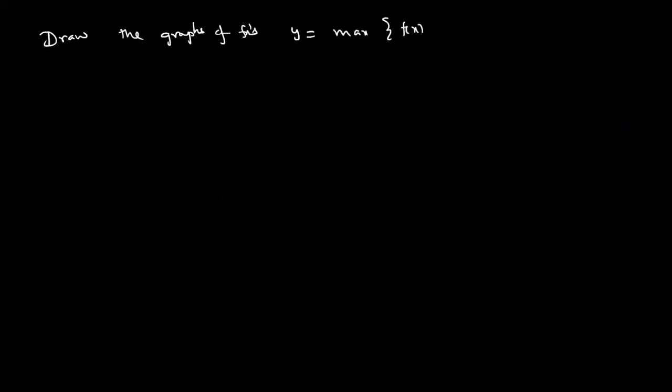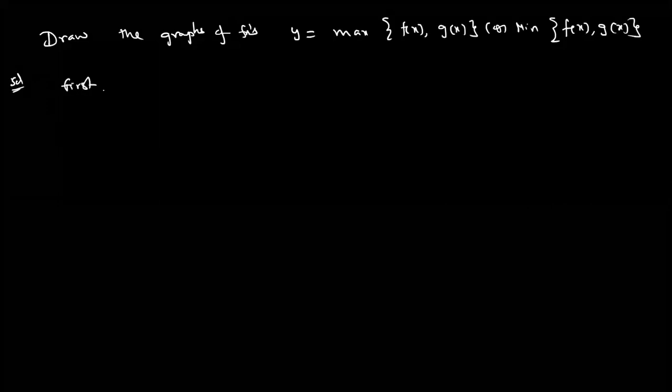Draw the graphs of functions y is equal to maximum of f of x comma g of x, or minimum of f of x comma g of x. How to draw the graphs of this? Dear students, see. First of all, what is the first step?